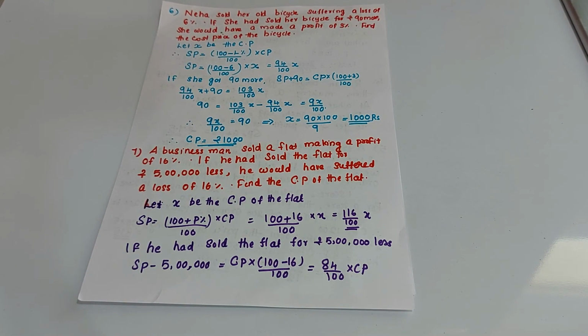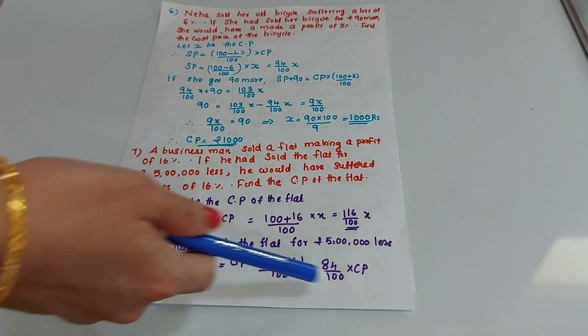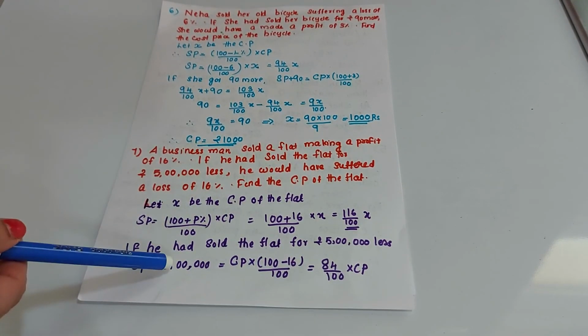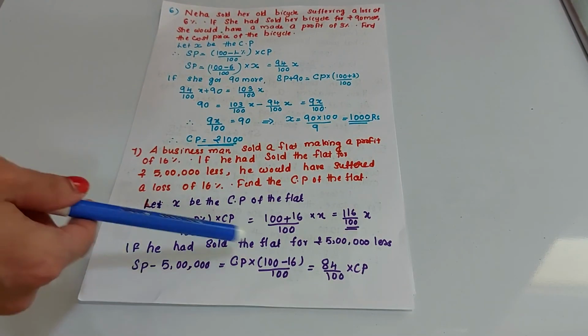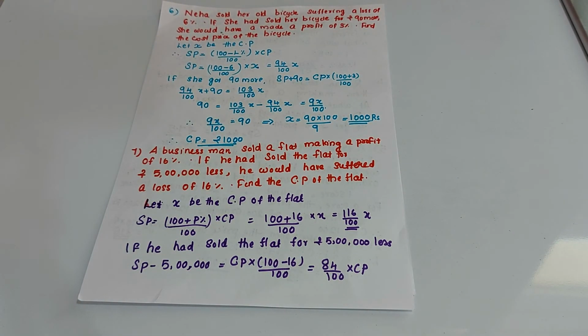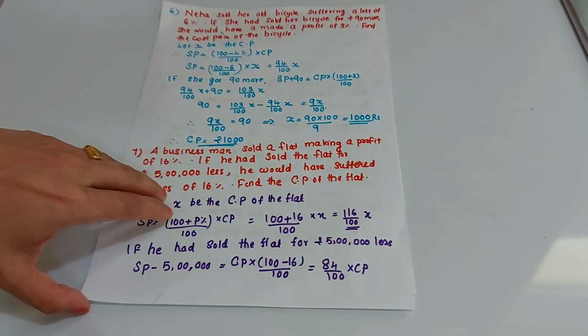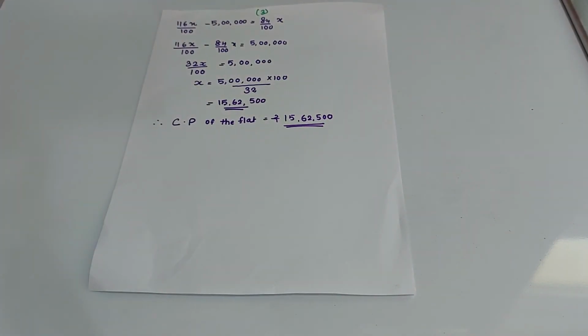That is the expression: SP minus 5 lakh equals 84 by 100 into CP.